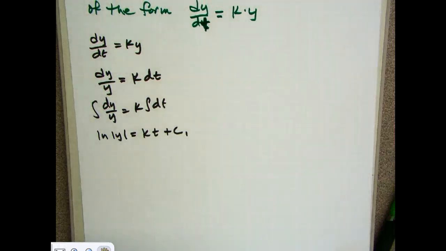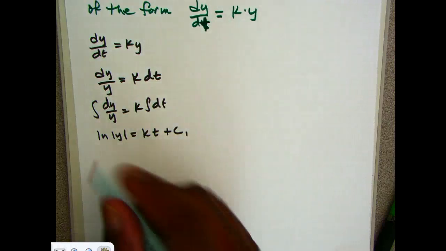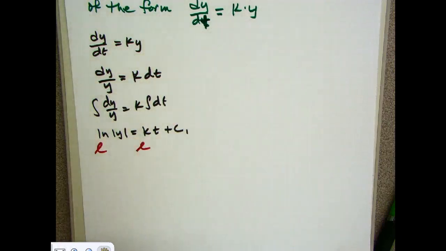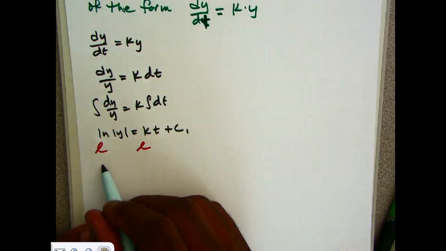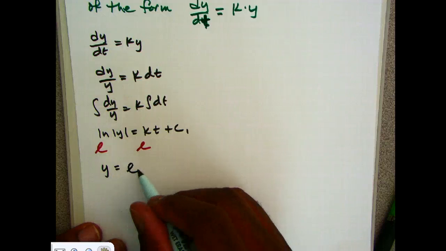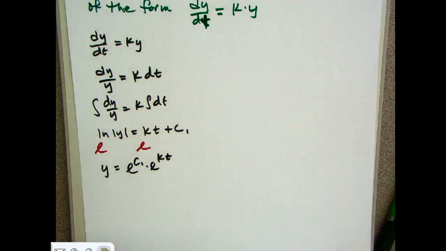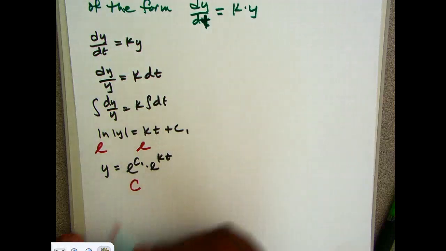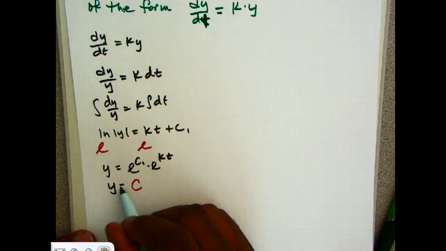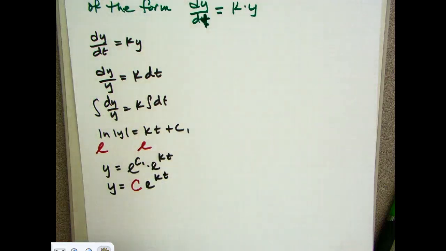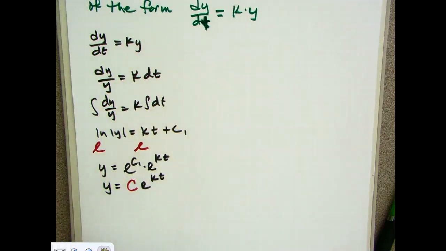Now if we raise both sides to the exponential, then we're left with y is equal to e to the c1 times e to the kt. Well, e to the c1 is still a constant, so we can replace that with just plain old c. We have y is equal to c e to the kt. Okay, so that is our exponential growth and decay function.